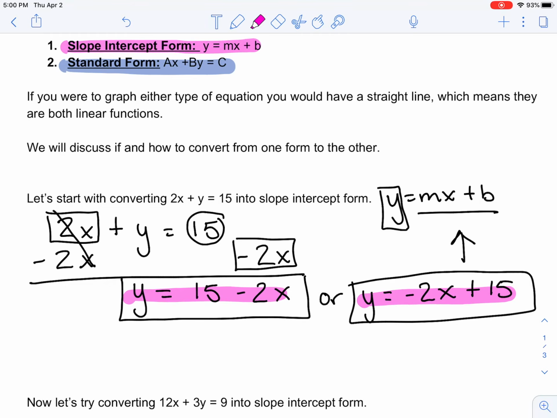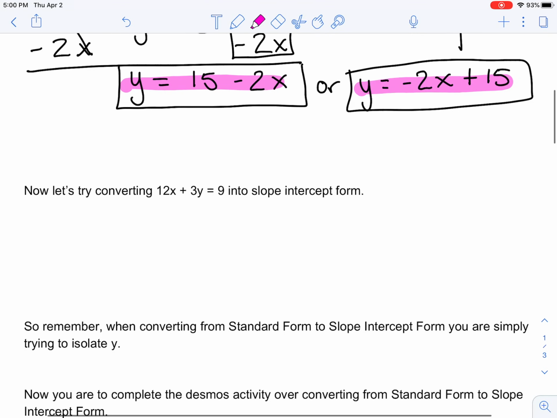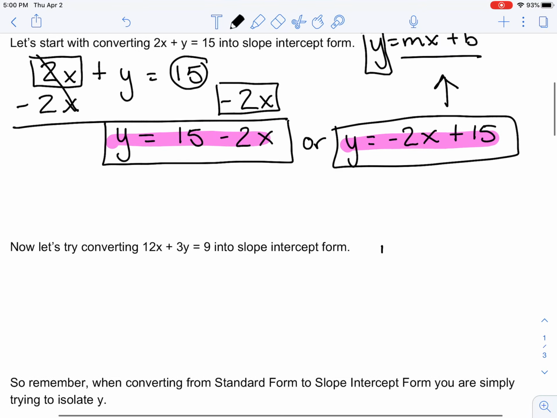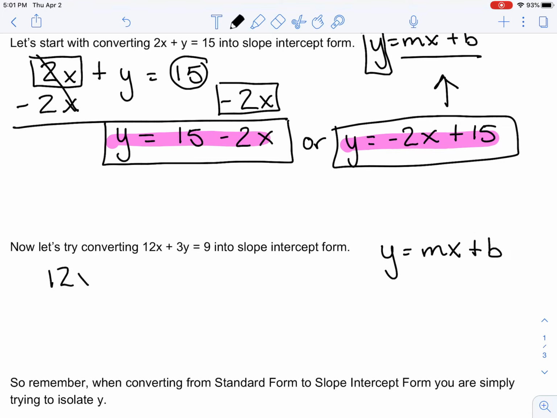All right, we're going to try a second one. 12x plus 3y equals 9. So again, we're trying to convert it into slope-intercept form. So we're starting with 12x plus 3y equals 9. Just like we did up above, we need to get the y by itself.